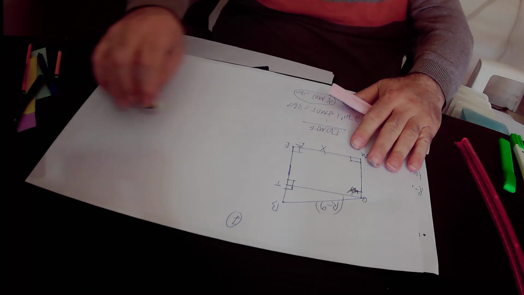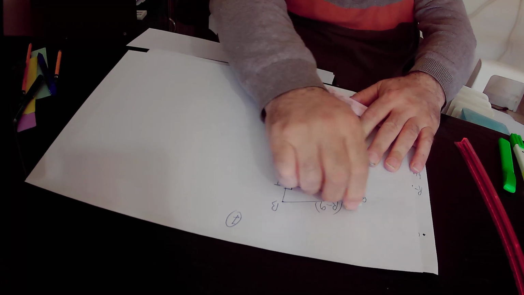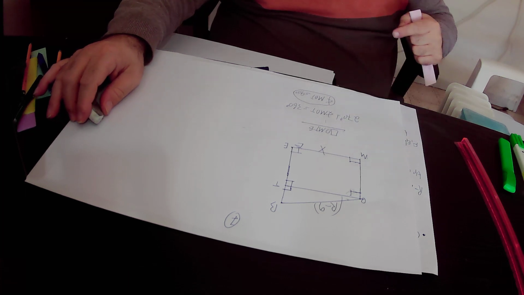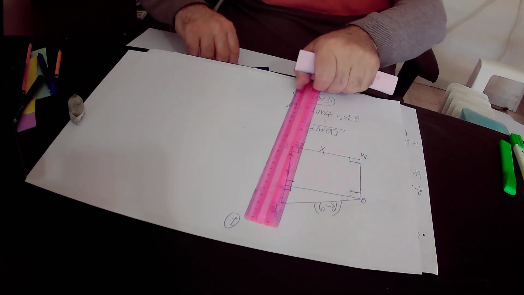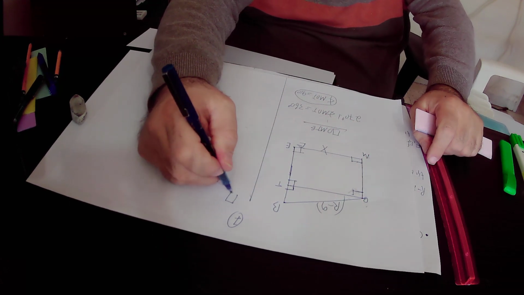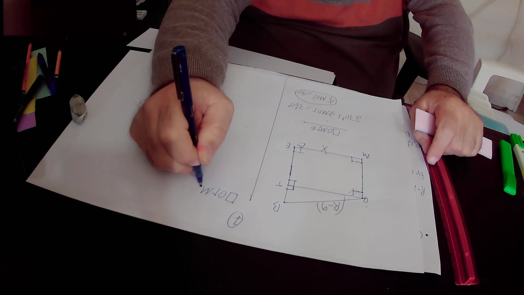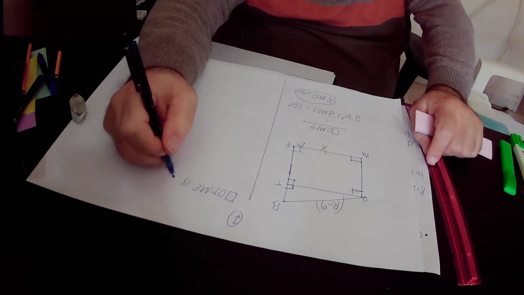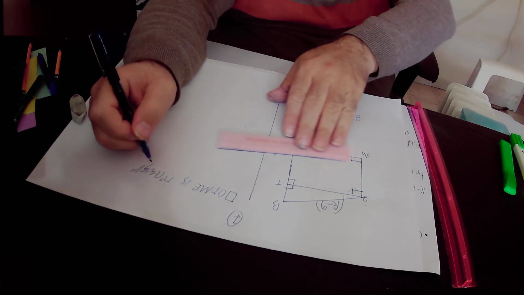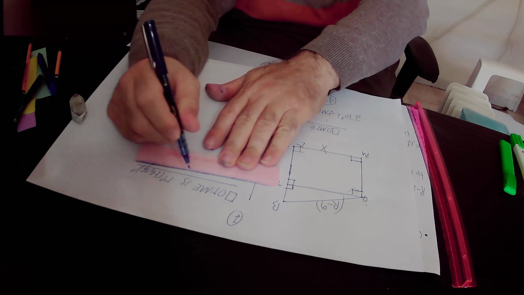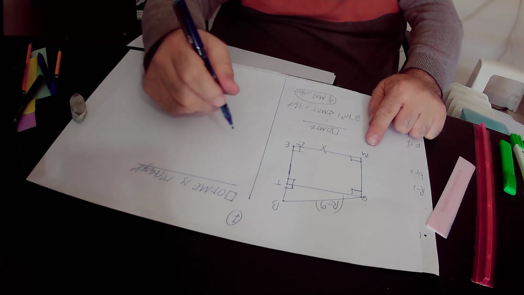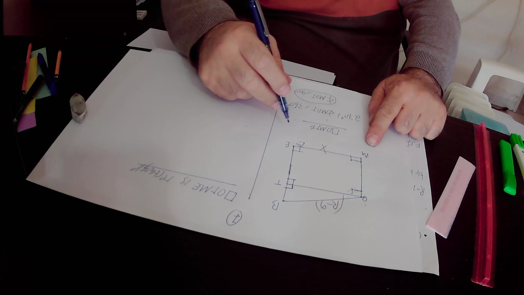Therefore, quadrilateral MOTE, having 4 right angles, is a rectangle. Write it down: quadrangle OTME is a rectangle, and we know that the opposite sides of a rectangle are equal to each other according to rule number 2, that is to say ME is equal to OT.